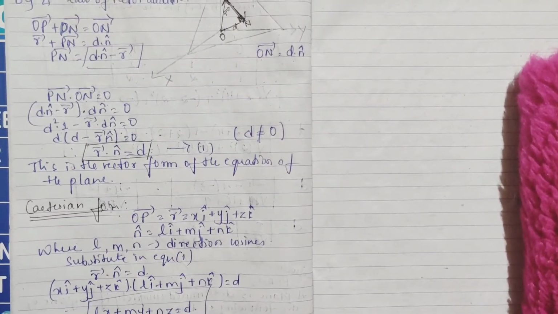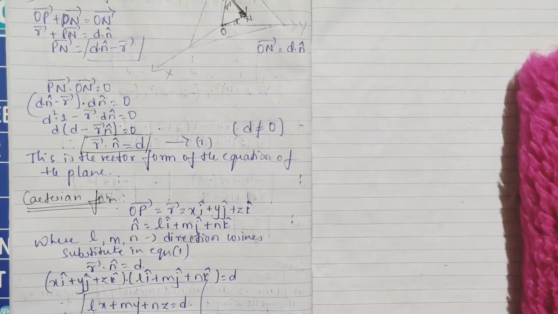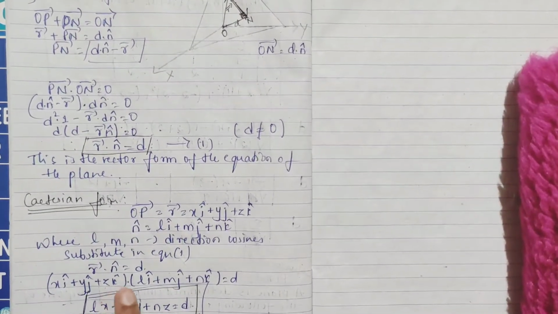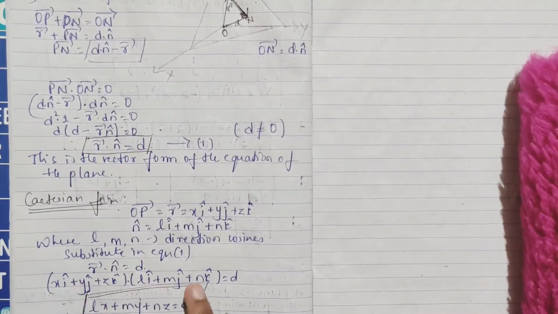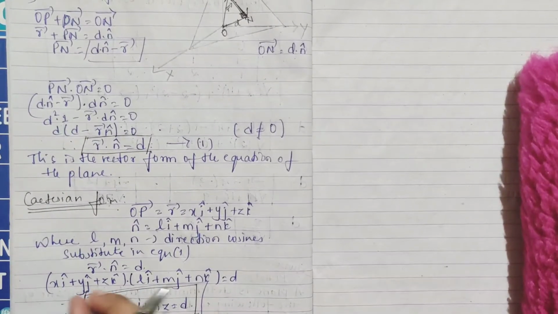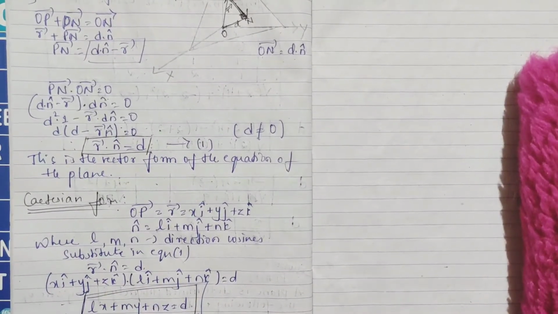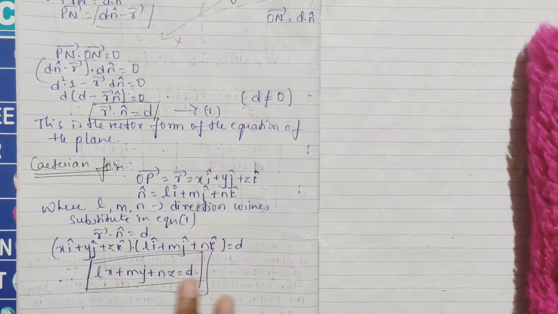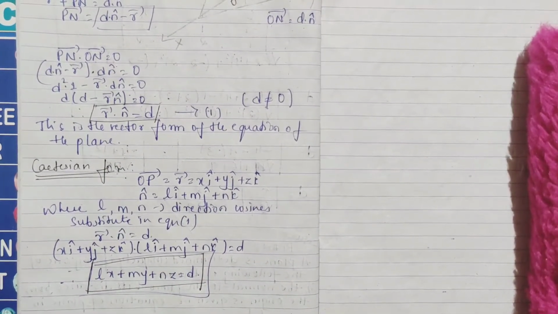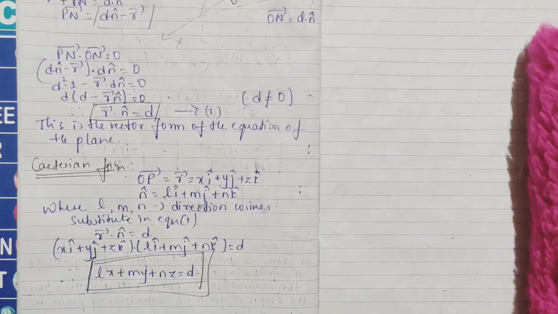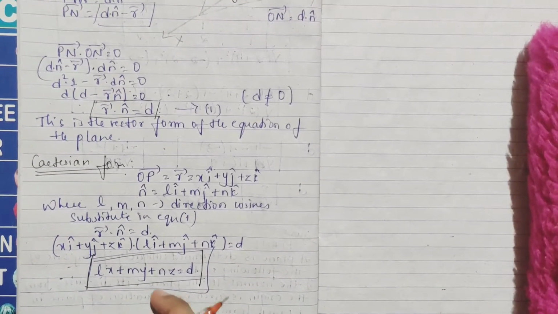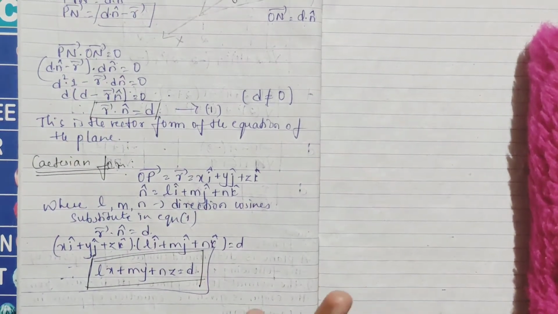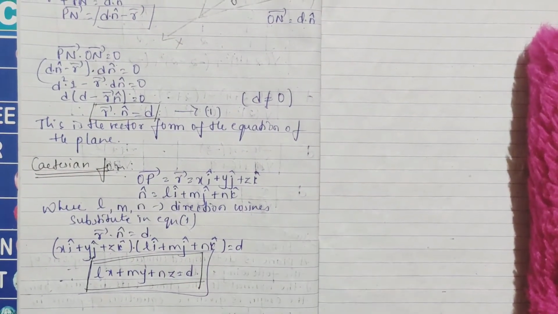This is your Cartesian form, given as lx plus my plus nz is equal to d. Just equating it, in our Cartesian form the i, j, k doesn't come. So this is your equation of the plane in normal form. I hope it is clear.